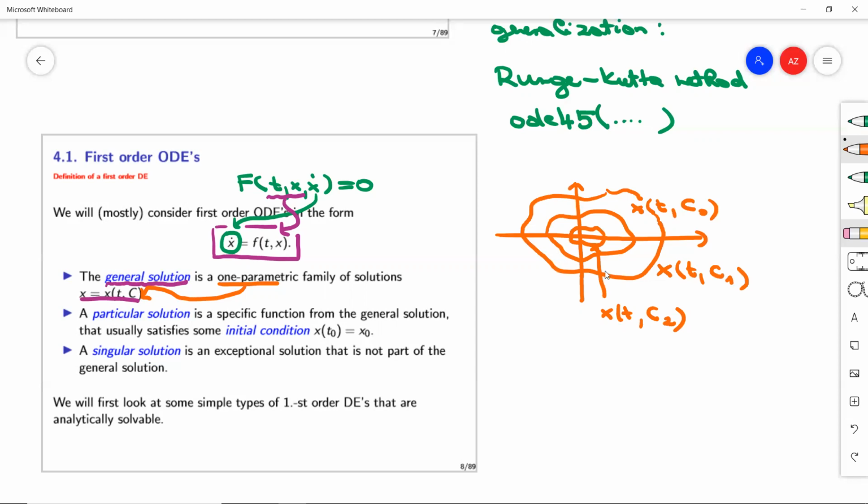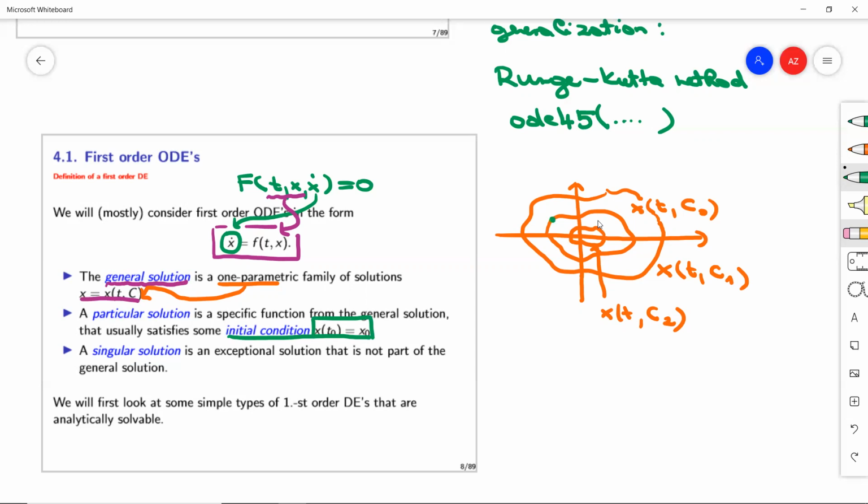So which of those solutions is the right one depends on this C. This is a general solution of an ODE. But if we would like to choose a specific solution out of this family of curves, then we need an initial condition. So we need 1 point, one condition, 1 point on our curve, for example, this one.